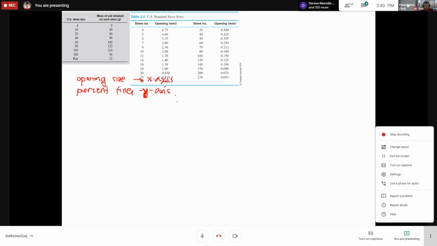Okay, since we have the different sieve openings on this table, we can write them down.